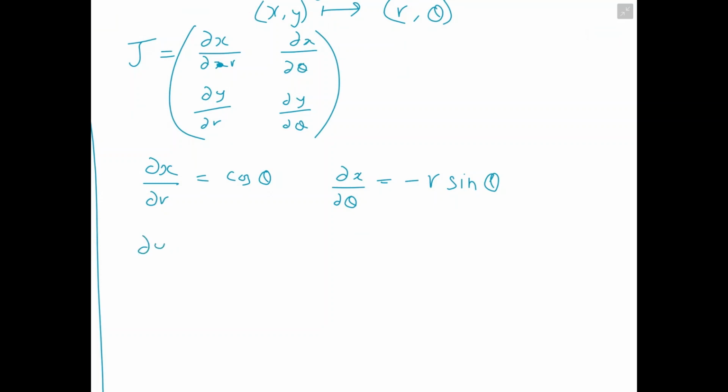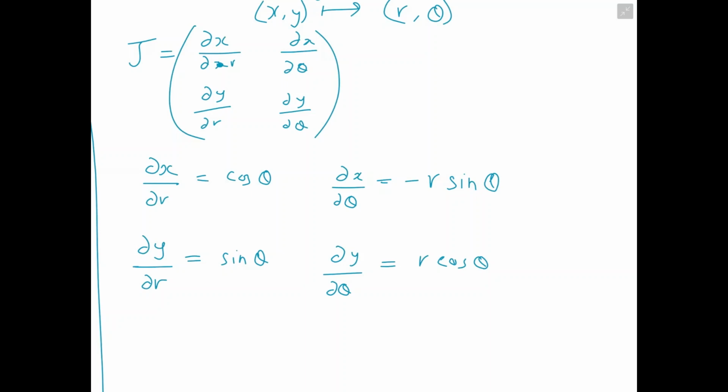Similarly for y, partial y partial r is sine theta, and partial y partial theta is r cos theta.